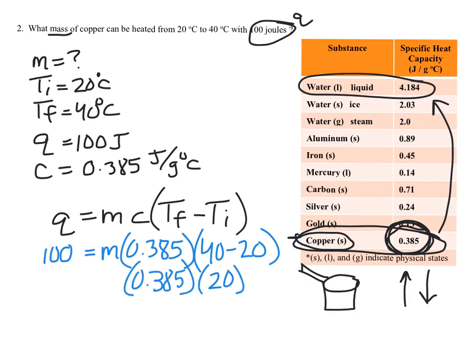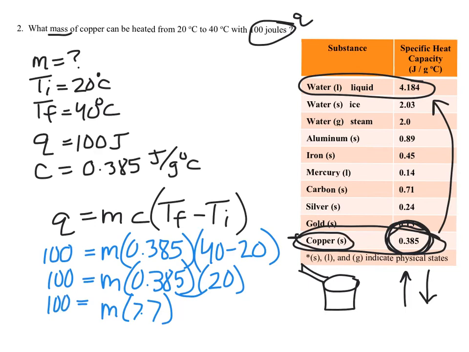And now I have those times M equals 100. Now I'm going to multiply these guys together. And if I throw it in my calculator, it's just 20 times 0.385. And that gives me 7.7 times M equals 100.